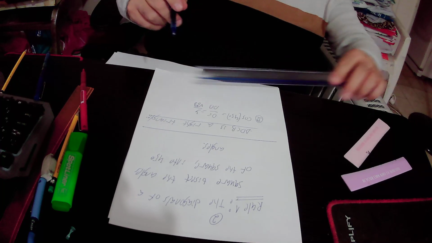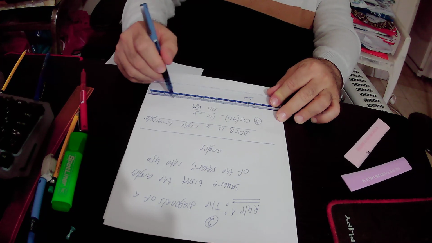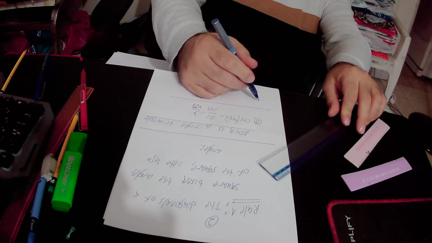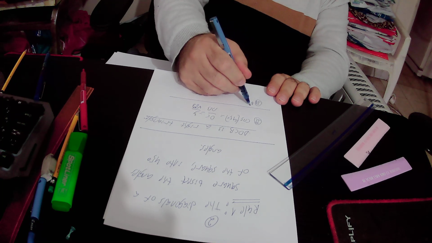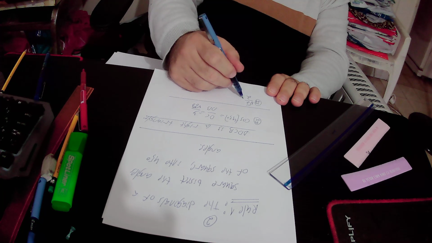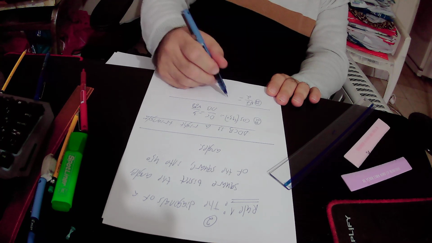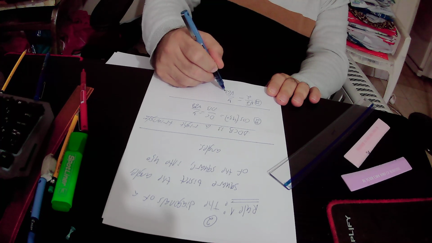But we know that cosine 45 degrees equals the square root of 2 over 2. So the square root of 2 over 2 equals Y over the square root of 68.